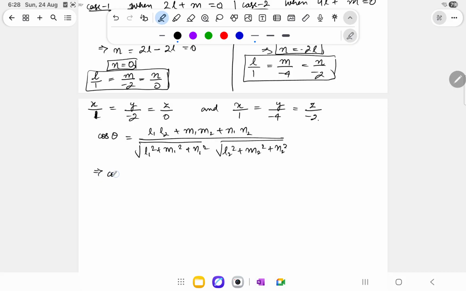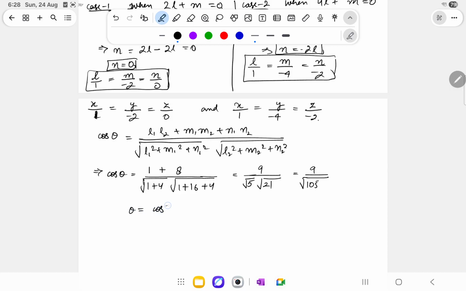So I got cos theta as 1 plus 4 twos are 8, divided by under root 1 plus 4, 1 plus 16 plus 4, which is basically 9 upon under root 5 into under root 21, which is basically 9 upon under root 105. So my theta is basically cos inverse 9 upon under root 105. This is my angle between the two generator lines.